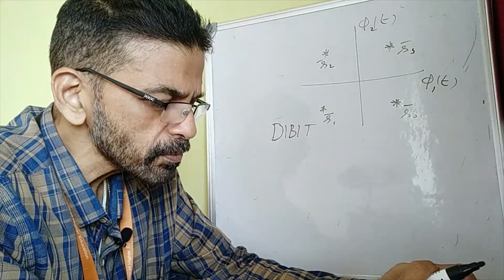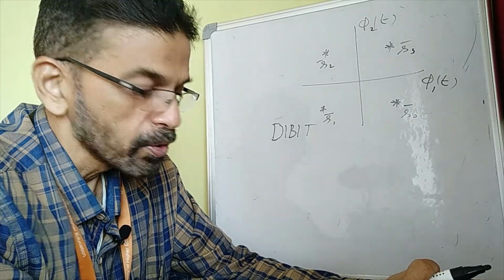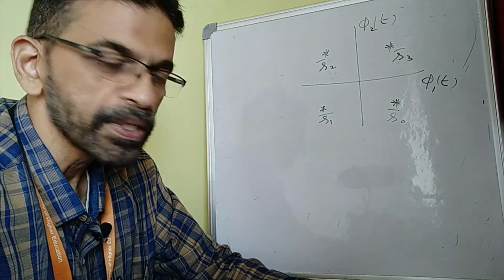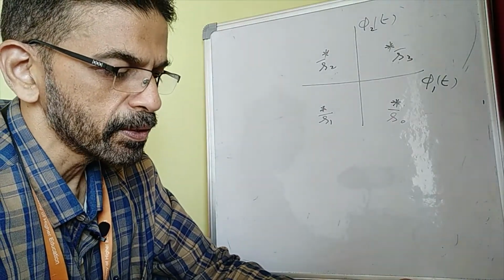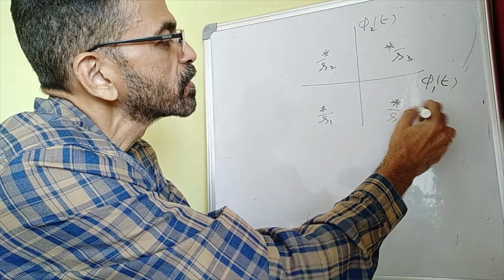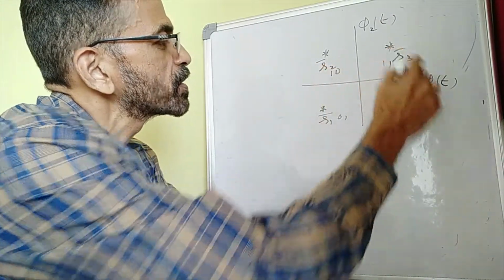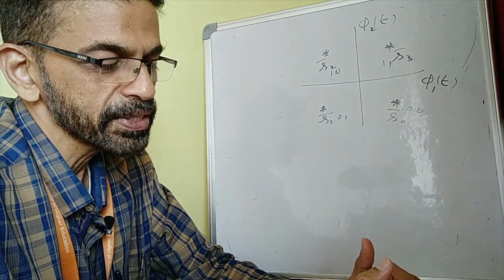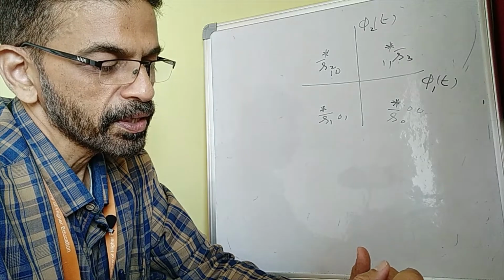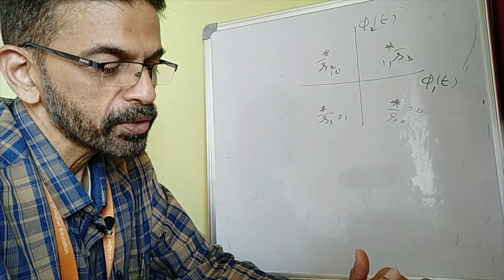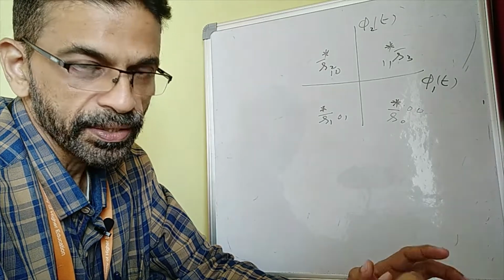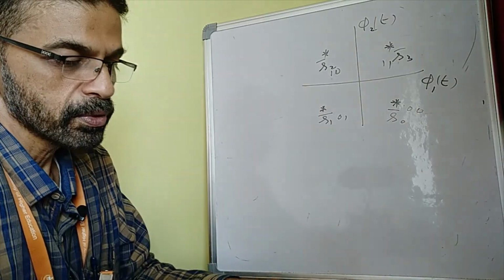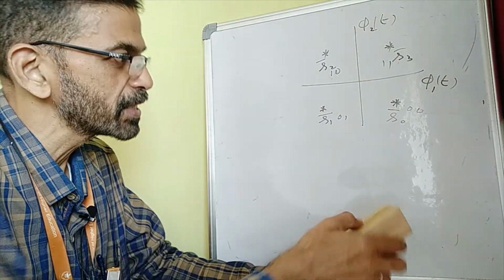So we have 4 possible combinations with the dibits. It may appear that we can map the dibits like this, or any other random way we feel like, but when we solve this example we will see that there is a particular way in which it has to be done so that we can minimize the errors that happen in the bits. When we discuss the example it will become clearer.